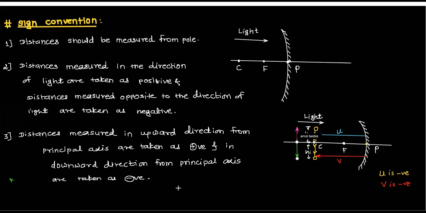So in this case this is Hi, and in this case it is H naught. So now tell me, is H naught positive or negative? H naught is positive. Next, Hi is negative. Okay, Hi is negative.